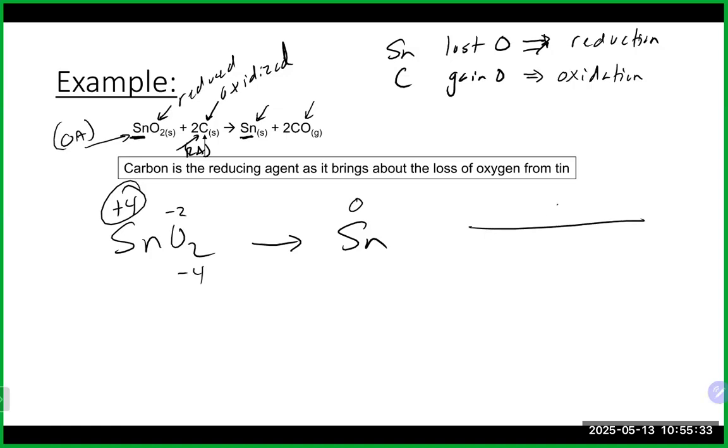Again, you could use the number line here and see the tin started at +4 and ends at 0, definitely moving in a negative direction, which tells you, as we heard above, that this is being reduced. If you determine that, by default, the carbon would have to be doing the opposite. So in this case, you still could look at oxidation states and figure out the same thing.